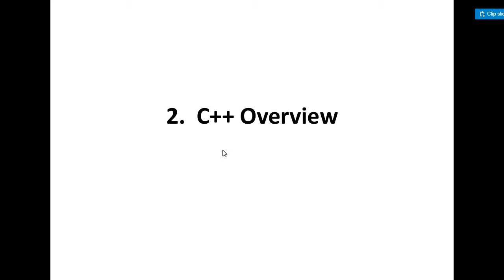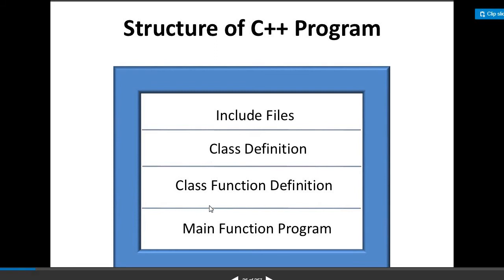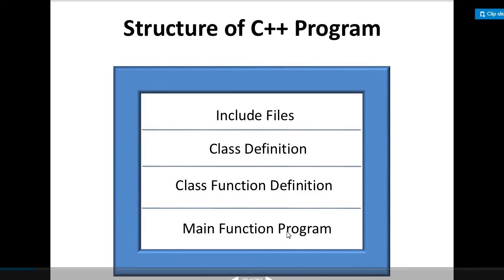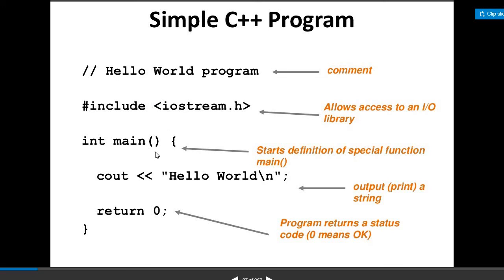So C++ overview. If we see the structure of C++, it includes class definitions, class function definitions, and the main function program. This is the preprocessing directive including header files. Then main, and this is the body of main, and return 0.